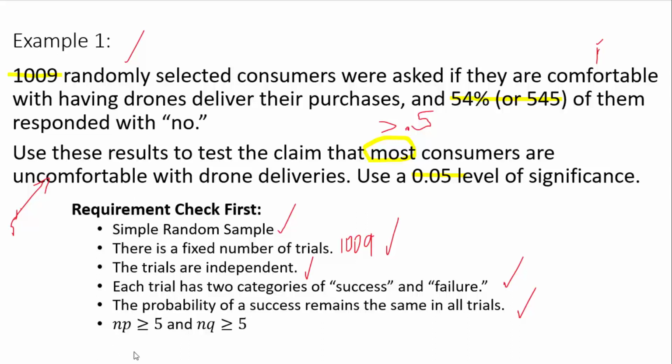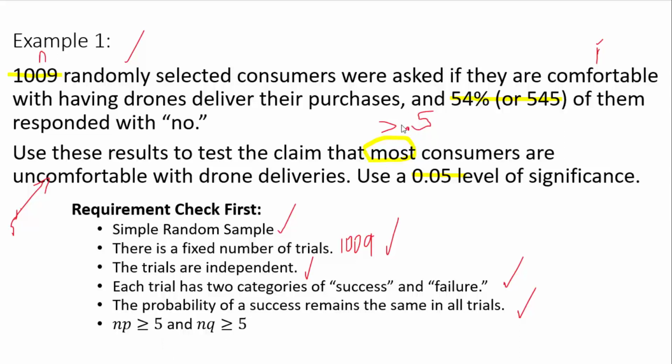So then you want to look at N times P and N times Q. Since these numbers just have to be bigger than 5, based on my sample size of N being 1,009, I am confident that N times P will be greater than 5 and N times Q will be greater than 5.